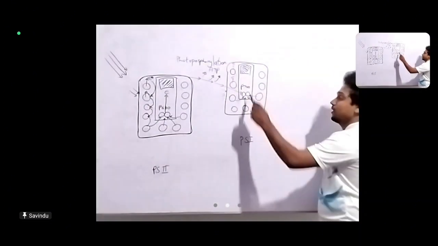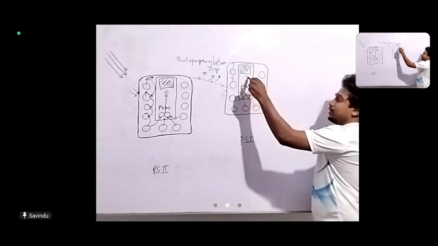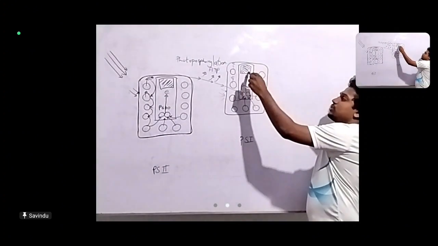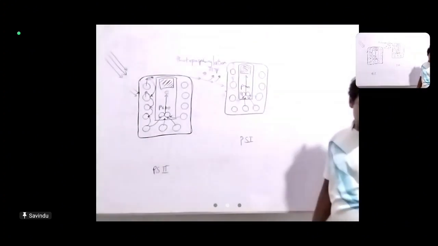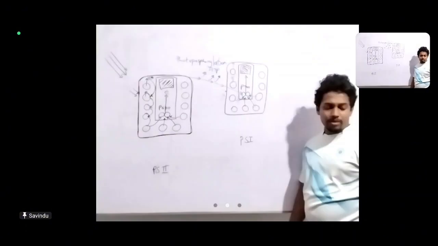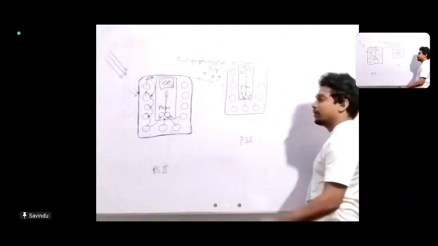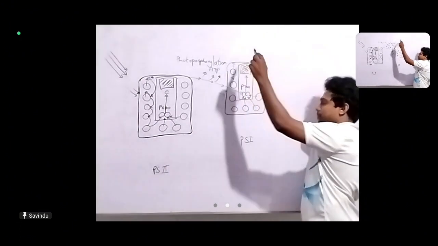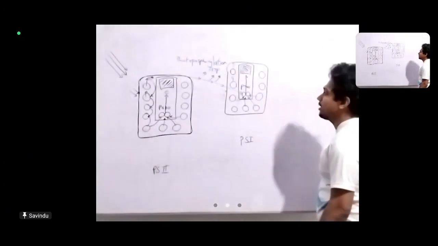It also gets excited. After excitation, what happens? This is also a primary electron receptor. The electrons are accepted by this primary electron receptor.